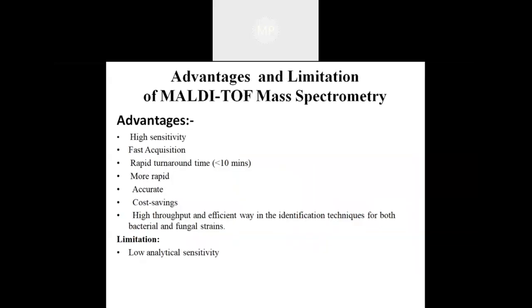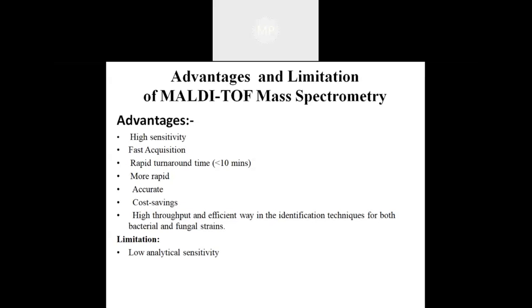These are the advantages and the limitations of MALDI-TOF mass spectrometry. The advantages: it is a highly sensitive method, and it gives a more rapid and accurate result, it is cost saving, and it is a high-throughput and efficient way of identification for both bacterial and fungal strains.